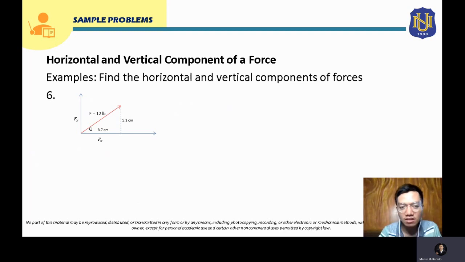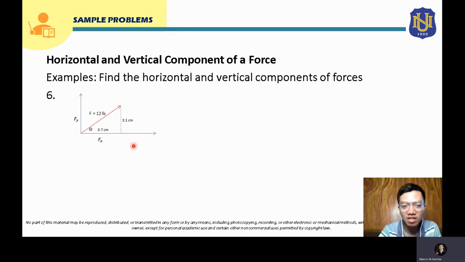Now, for example number 6, we are asked here to find the horizontal and vertical components of force F, wherein force F is 12 pounds. And the given here is the dimensions of the triangle formed, right? So the given here are these dimensions. This is 3.1 centimeter and this is 3.7 centimeter.